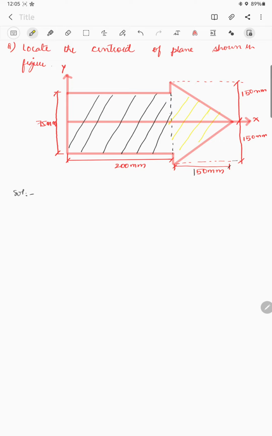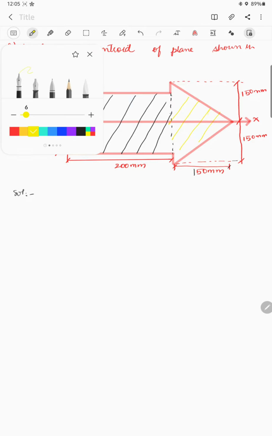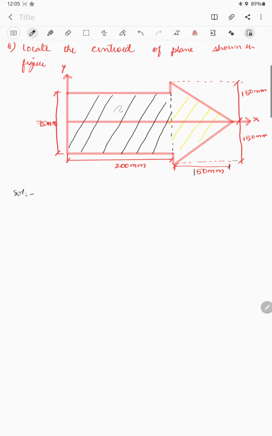So it is the combination of a rectangle and a triangle. First we name this one as 1, and this figure as 2.